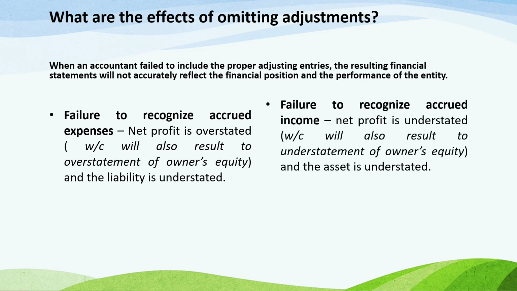Failure to recognize accrued income: in this case, net profit is understated because you lack declaration of the accrued income. For example, the adjusting entry for accrued income is debit rent receivable, credit rent income. If you did not prepare that, there are understated assets and also understated net income because of the failure to recognize the rent income.